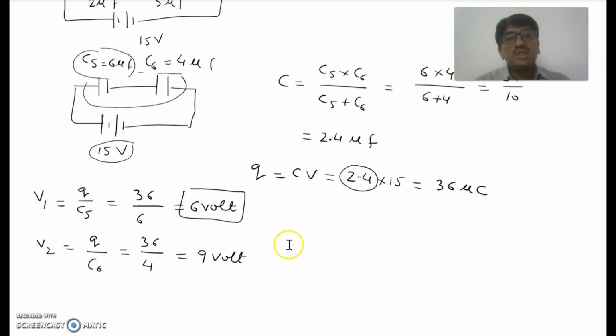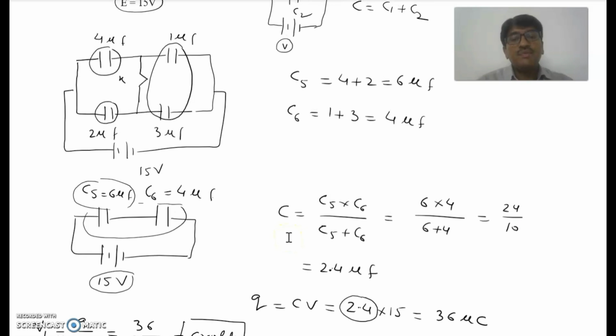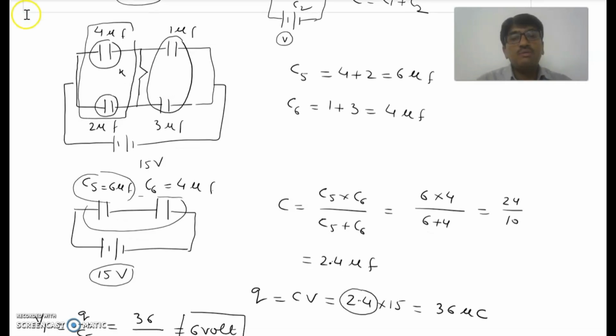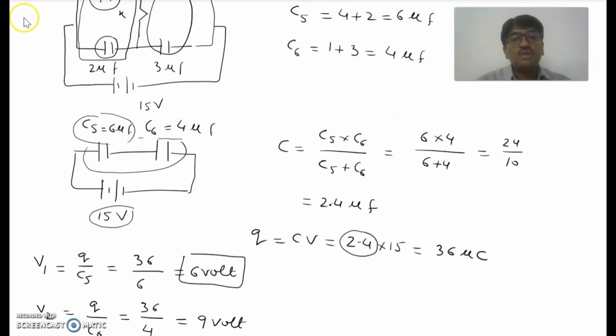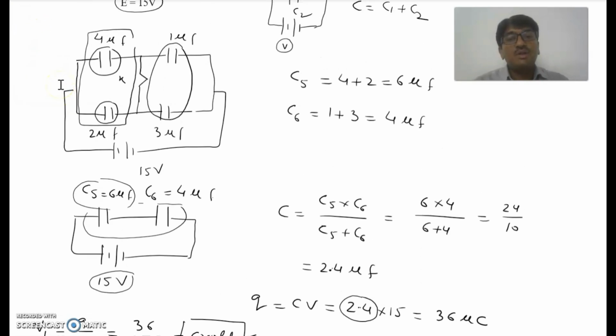So in this circuit, the potential difference across the 4 microfarad and 2 microfarad capacitors should be 6 volt, as the potential difference in parallel remains the same, as we have already explained.